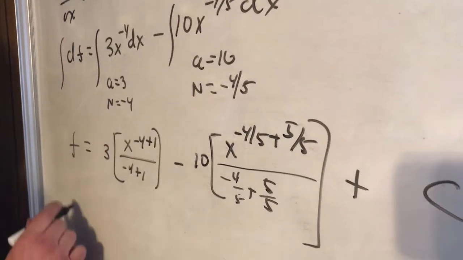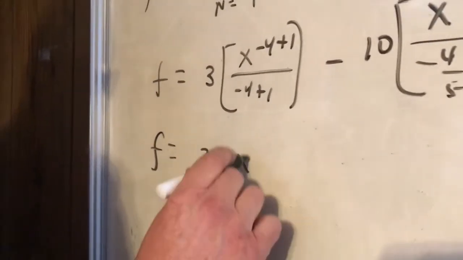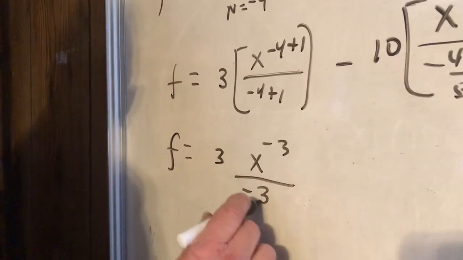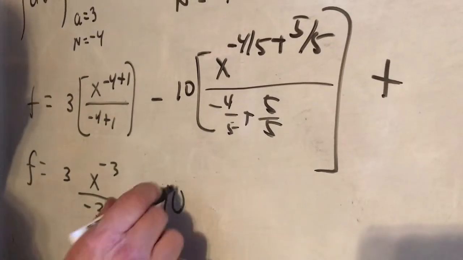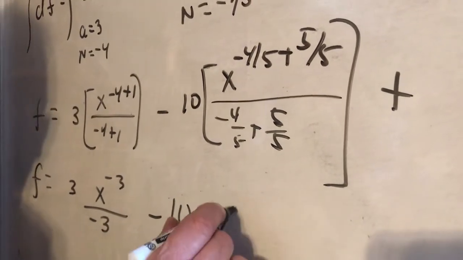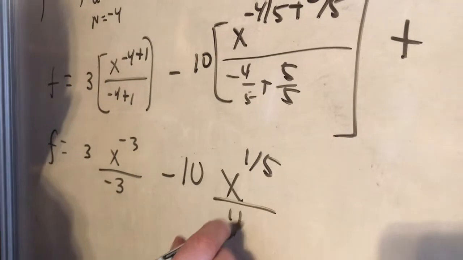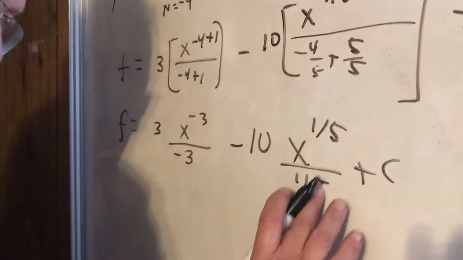All right, so F becomes 3x to the minus 3 divided by minus 3, minus 10 x to the 1/5 divided by 1/5 plus c.